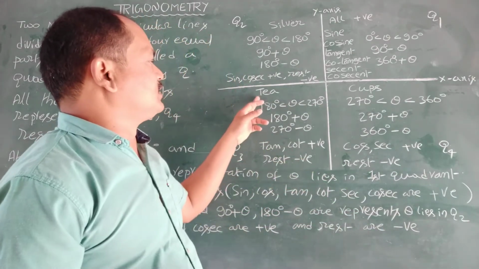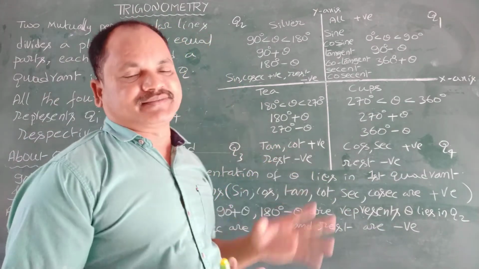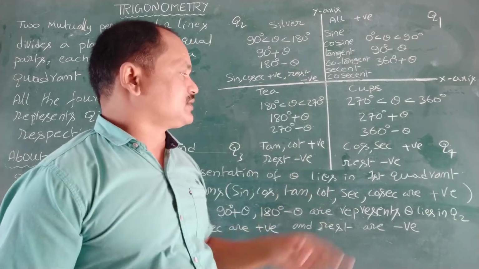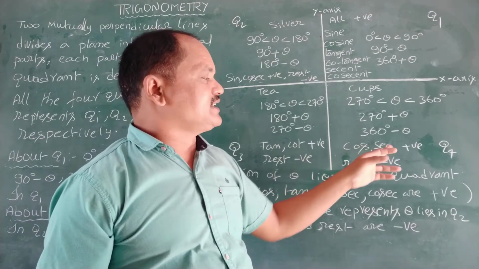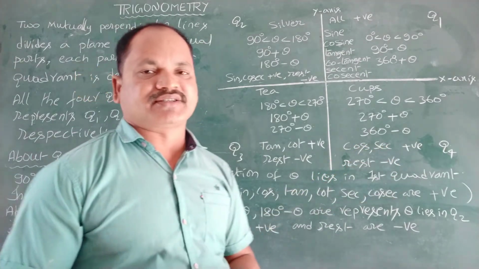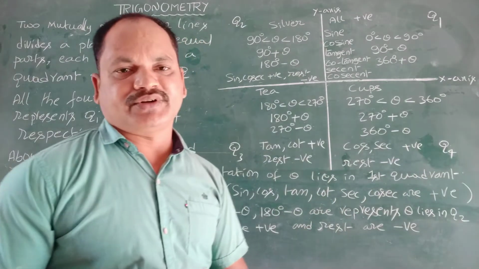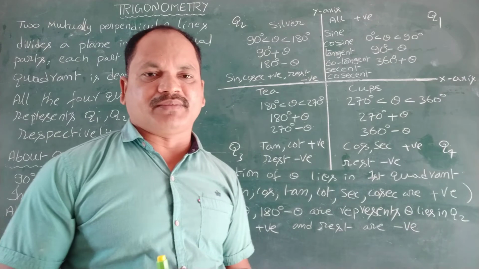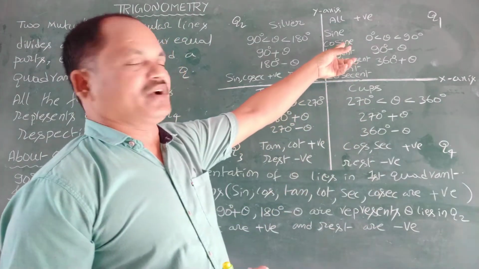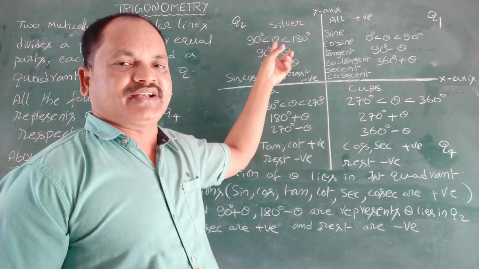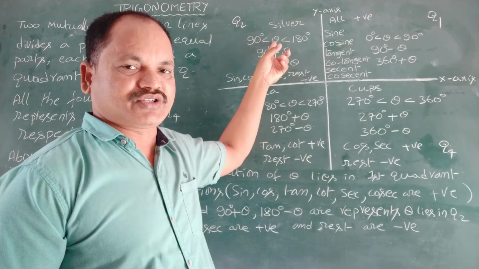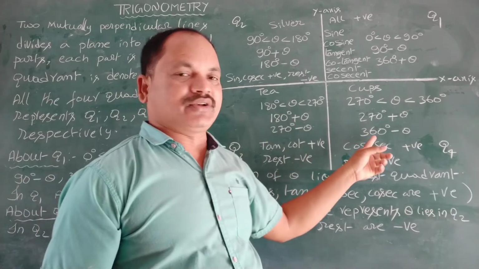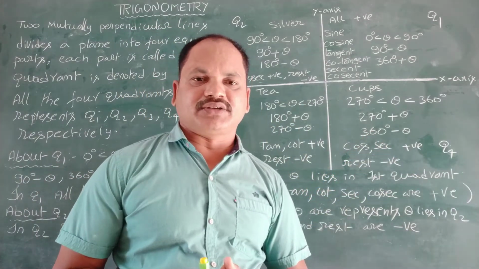In the third quadrant, tan and cot are positive. Rest of the functions are negative in the third quadrant. And cos and secant are positive, rest of the functions are negative in Q4. So easily we have to recognize and remember: all functions are positive in Q1, sine and its reciprocal cosecant are positive in Q2, in Q3 tan and cot are positive, in Q4 cos and secant are positive.